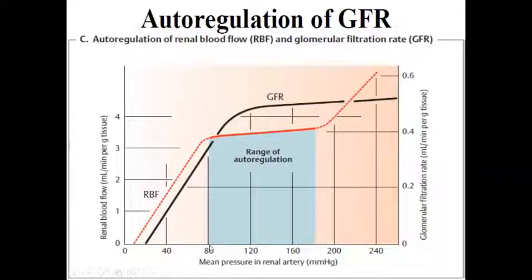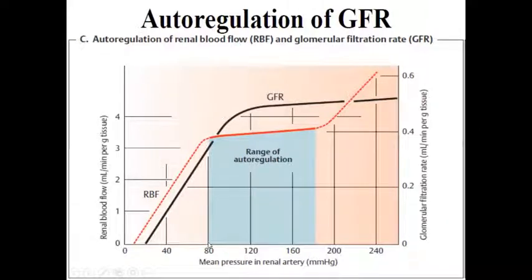You can see down here, you have the mean arterial renal artery blood pressure. As long as the mean pressure in the renal artery is maintained within 80 to somewhere about 170, 180 millimeters of mercury, the autoregulatory mechanisms are very effective in this range.